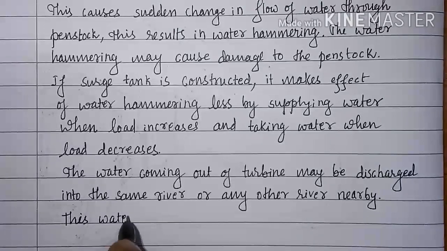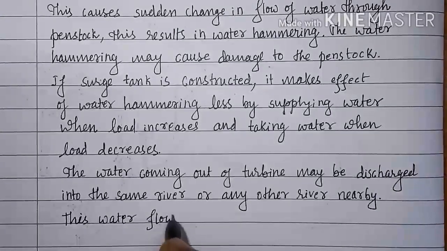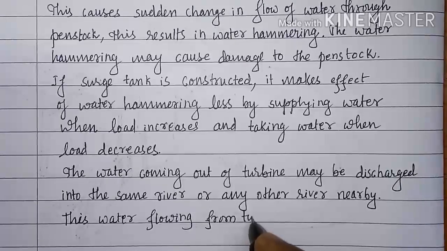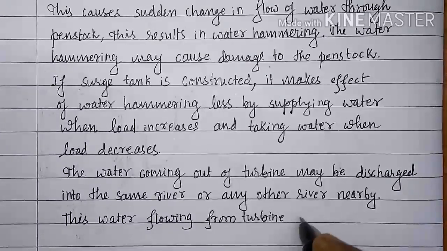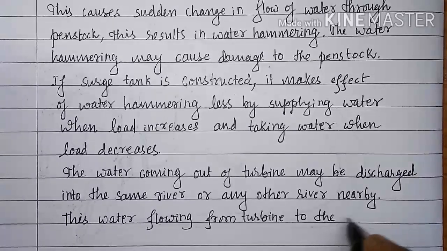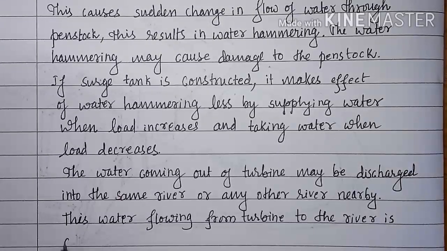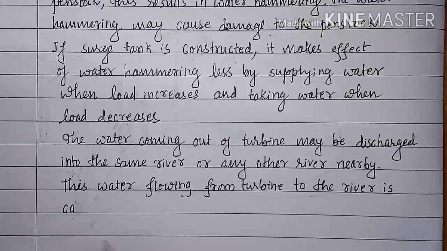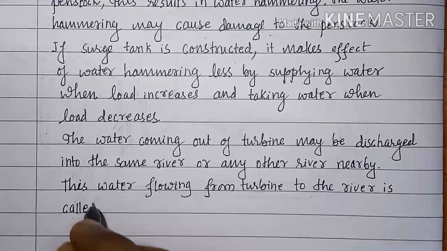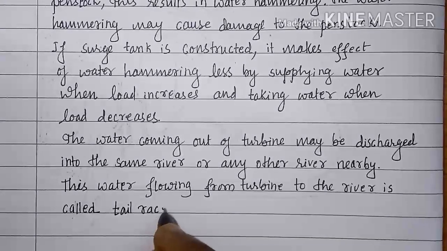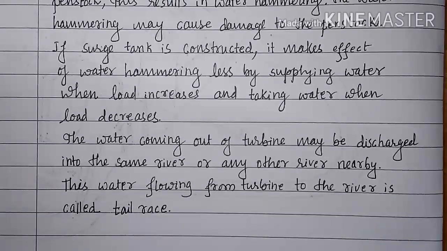This water flowing from turbine to the river is called tail race.